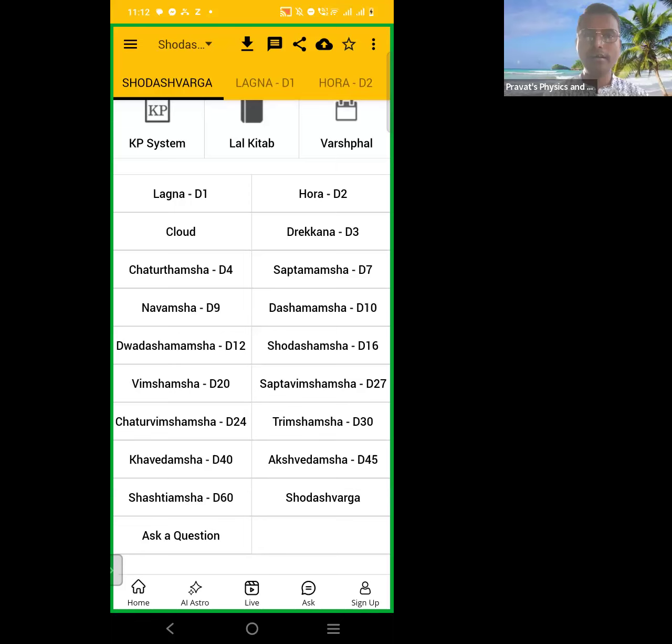Clear? So every particular Rasi can be divided into many equal parts.